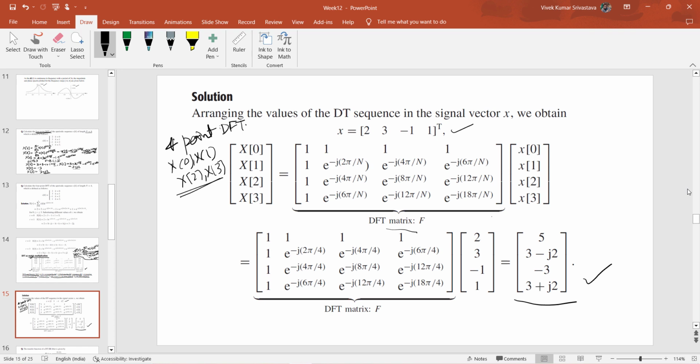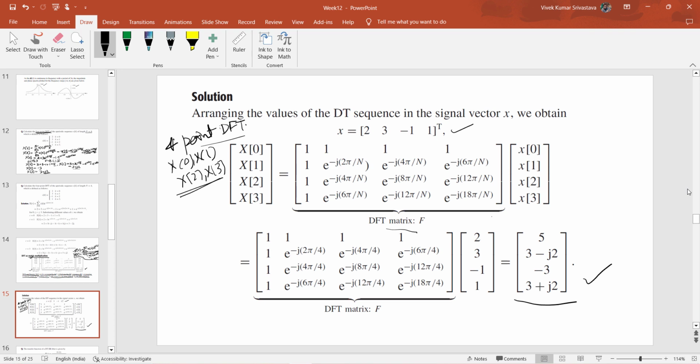One may ask: if we can directly get the value of the discrete Fourier transform by using the expression, then what is the need of this matrix multiplication? Here, for example, we have taken the discrete Fourier transform for only 4 samples. But in practice the number of samples will be very high, so we cannot determine it by using the expression.